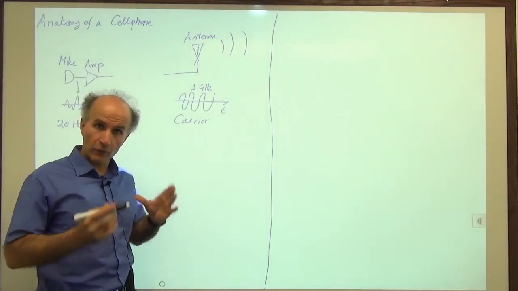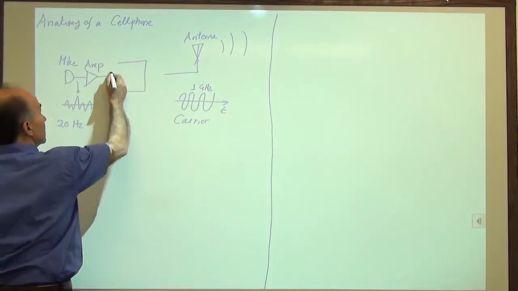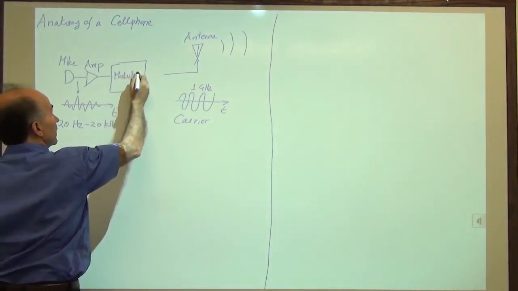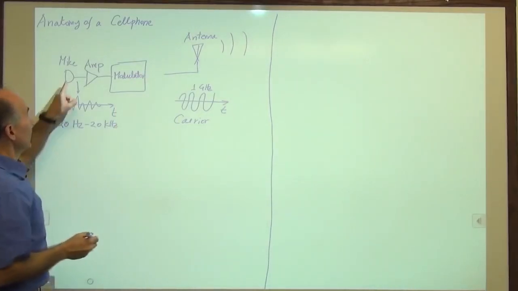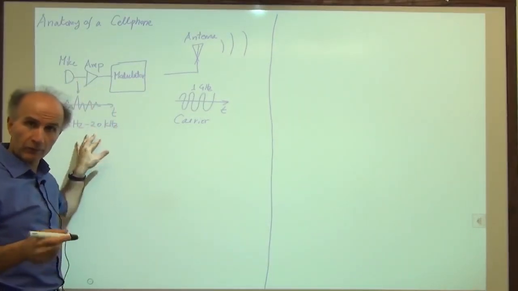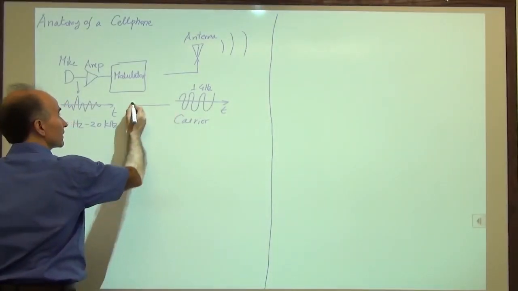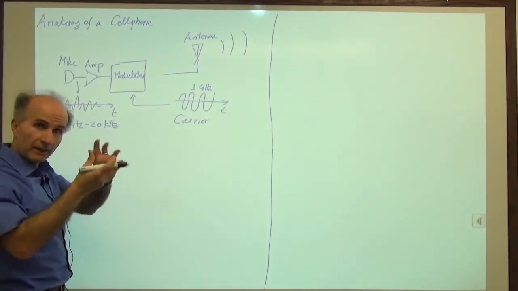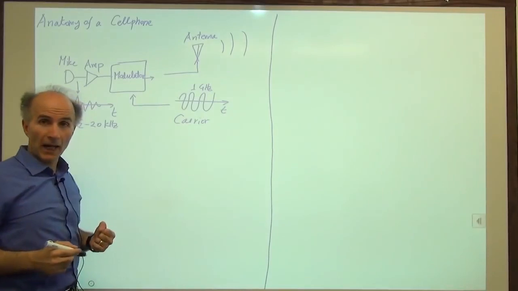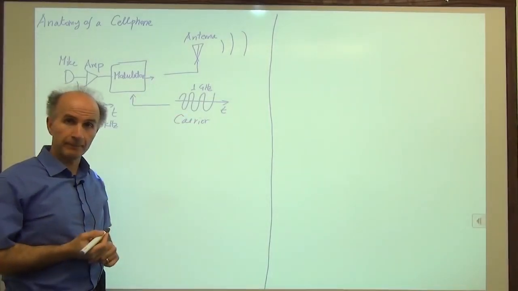So that calls for some box, which we call the modulator. So here's the modulator, and the job of the modulator is to take the information signal that we are producing from the microphone or from a camera, etc., and take this carrier, combine these somehow, and give us a result that has this information on top of the signal.